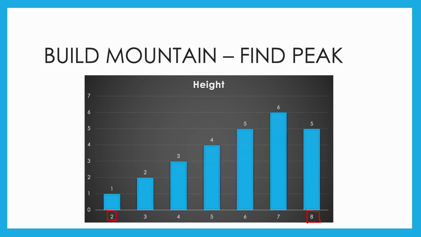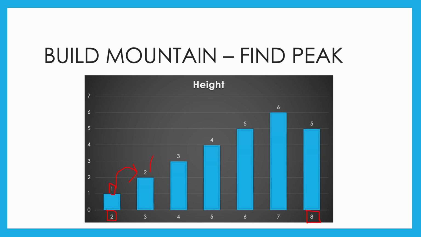Now to find the maximum height in between these elements, what's the minimum of 5 and 1? It is 1, right? So from one side we will do +1, because we have to maximize the height of the building. So building 3 will have a height of 2.